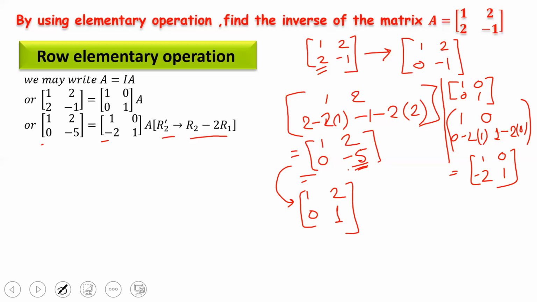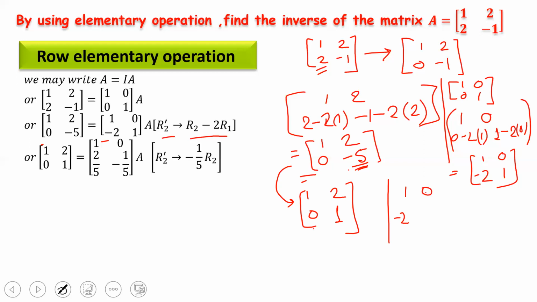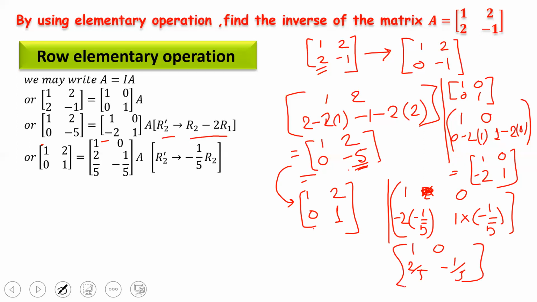So if we multiply this by minus 1 upon 5, we will get this one 1 2 0 1, and the same operation we will apply in this matrix also, that is 1 0 minus 2 into minus 1 upon 5, and the second element 1 into minus 1 upon 5. So that will come 1 0 2 by 5 minus 1 by 5. So here it is.